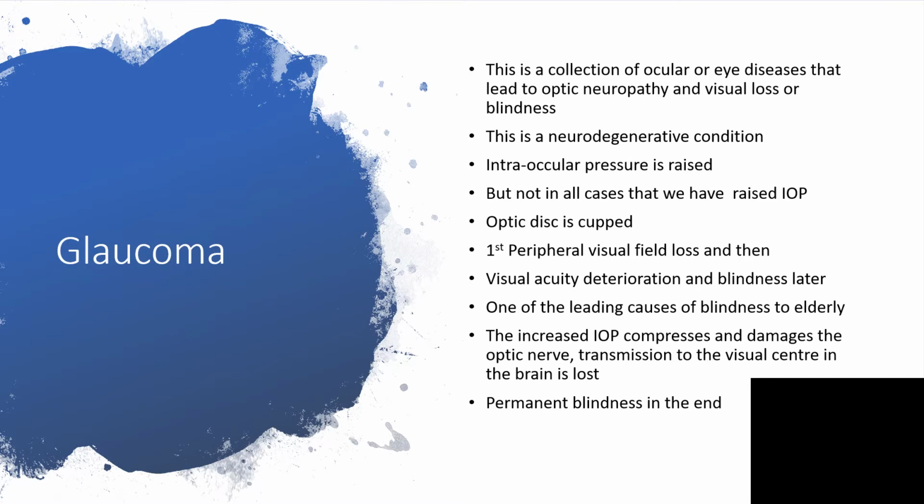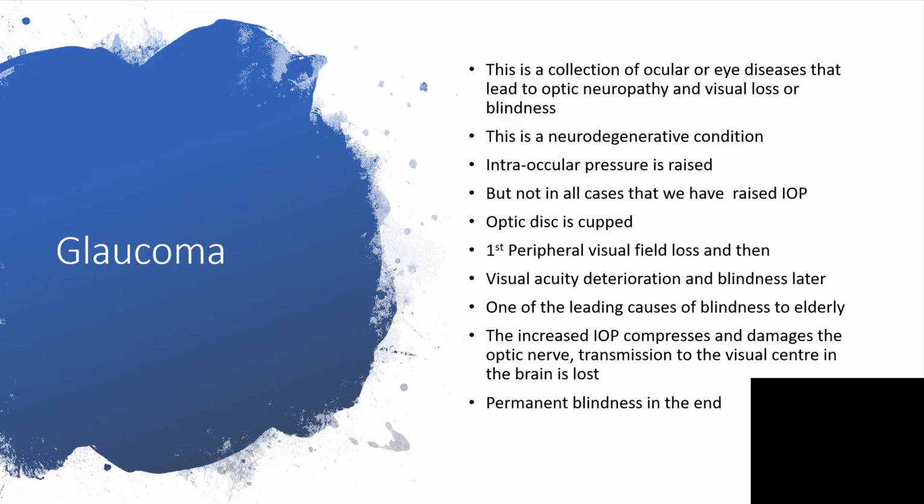But by the time we are done with all my presentations on glaucoma, you will be fully educated that it is not only in the elderly. There is what we call intraocular pressure. It's expected to be raised in glaucoma, but not in all cases.